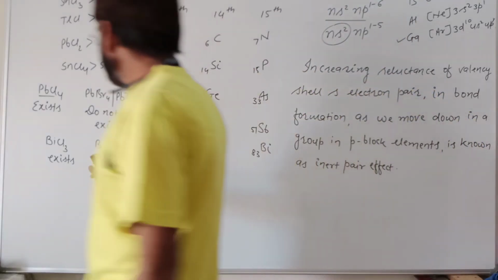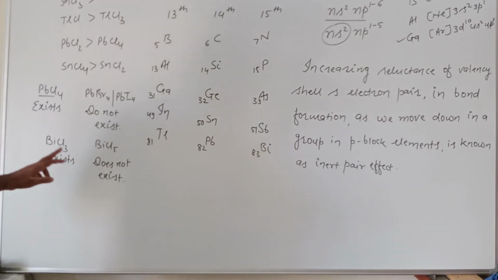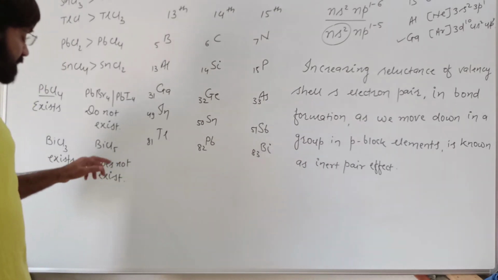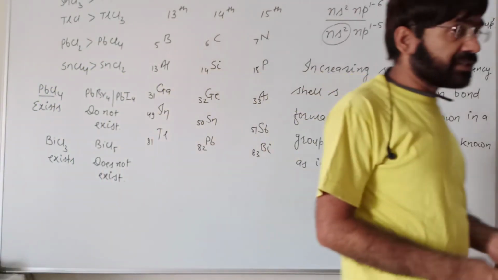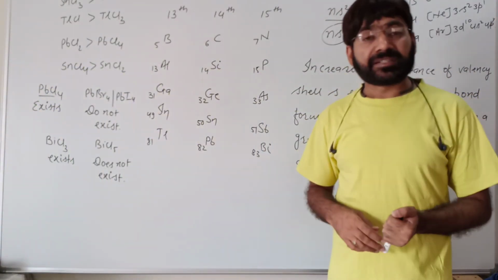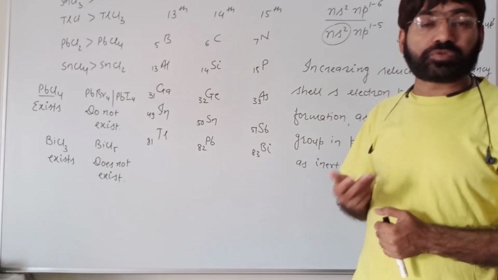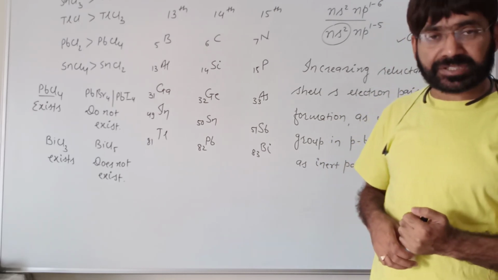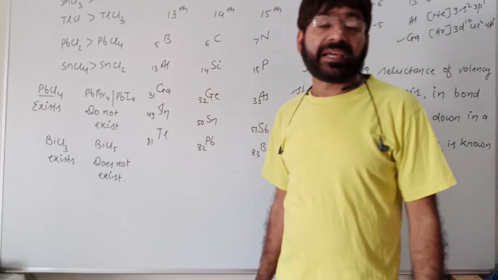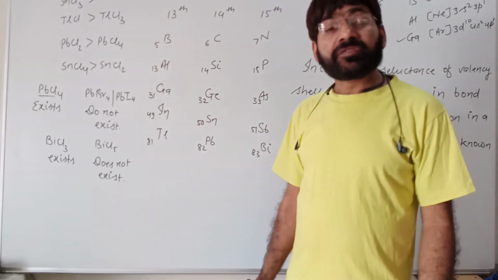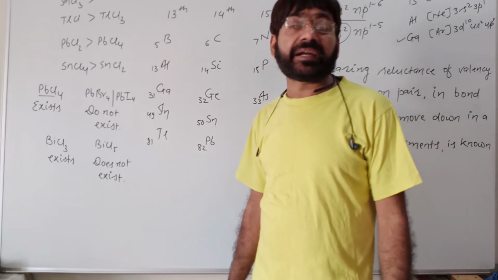Now one more thing we have to make clear here itself: it's not that bismuth does not show the +5 oxidation state. With stronger oxidizing agents or smaller atoms, it can show the +5 oxidation state. With fluorine, it can form BiF5. With oxygen also, it can form Bi2O5.